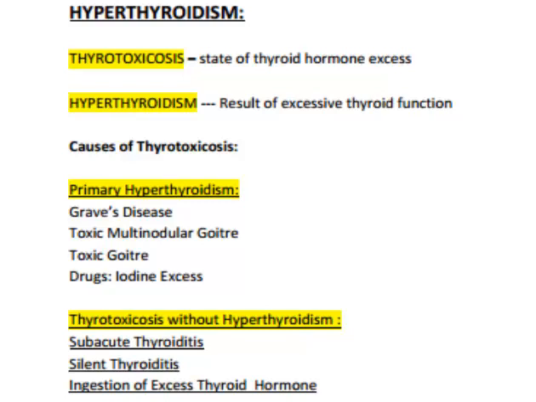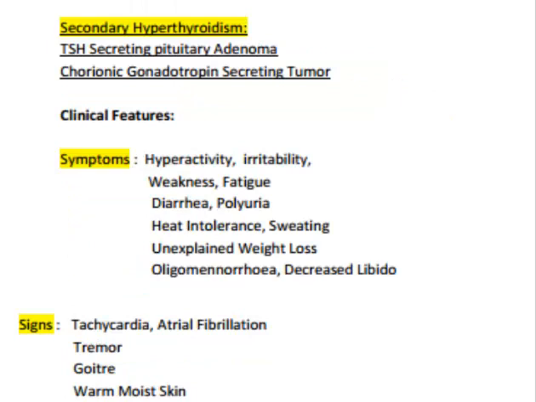Some conditions are subacute thyroiditis, silent thyroiditis, or ingestion of excessive thyroid hormone. Secondary hyperthyroidism may occur in TSH secreting pituitary adenoma and chorionic gonadotropin secreting tumor.